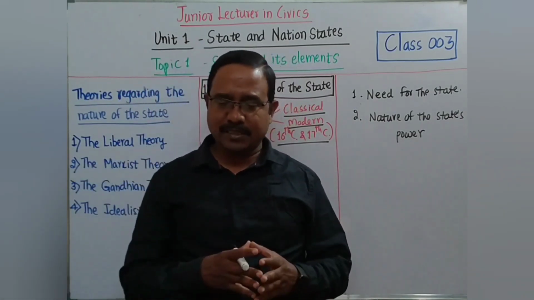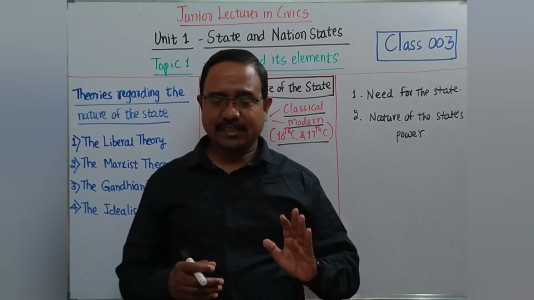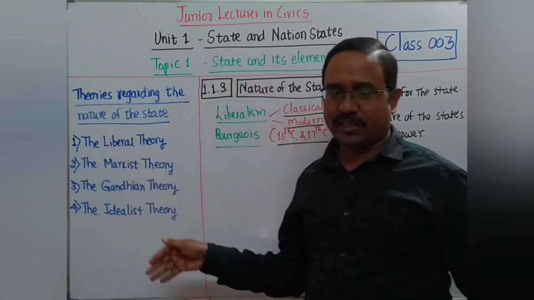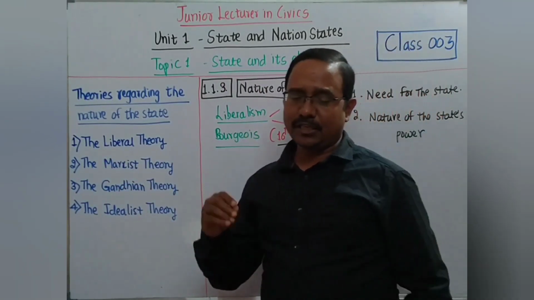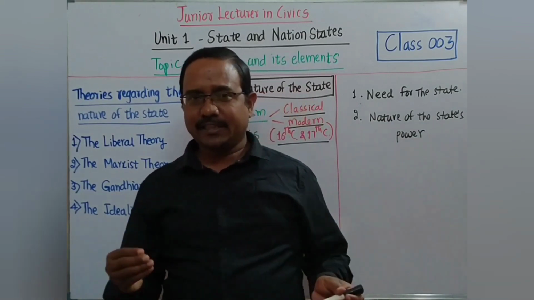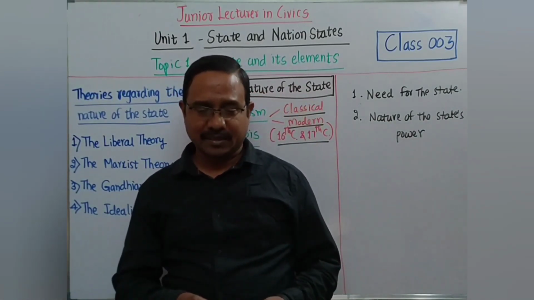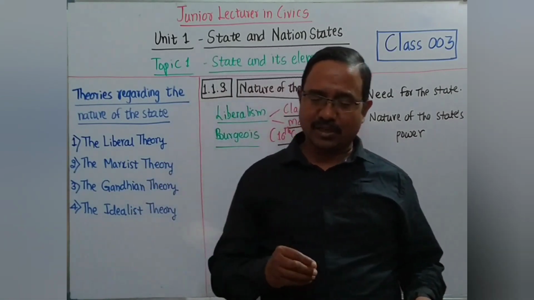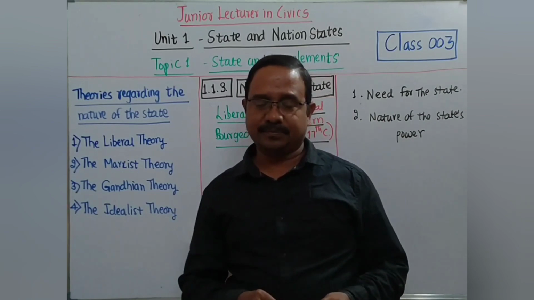The state has been envisaged from various points of view. Here we mentioned 4 theories, and there are many theorists. Every theorist conceived and defined the state in terms of his own understanding and his own discipline.